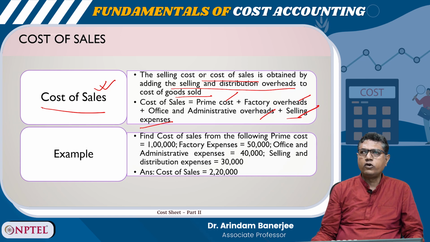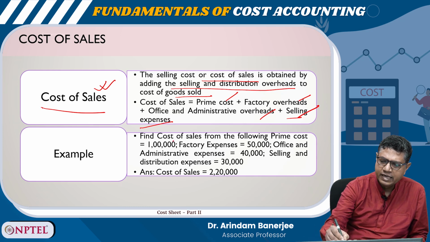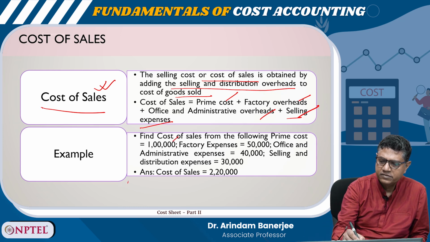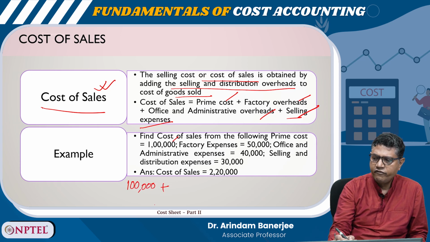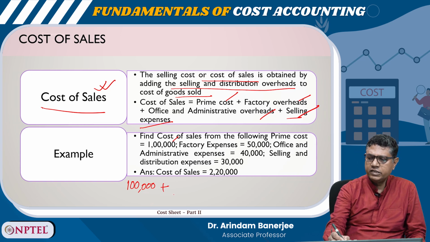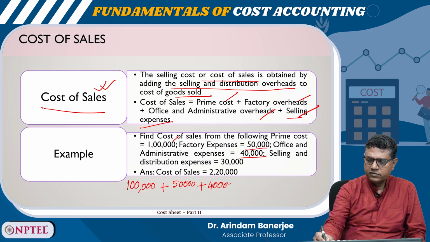So find cost of sales from the following. Prime cost is equal to 1 lakh. So prime cost is given, 1 lakh, plus factory overheads. Factory overheads how much? 50,000, right? Plus office and administrative overheads 40,000, right? Plus selling and distribution expenses 30,000.